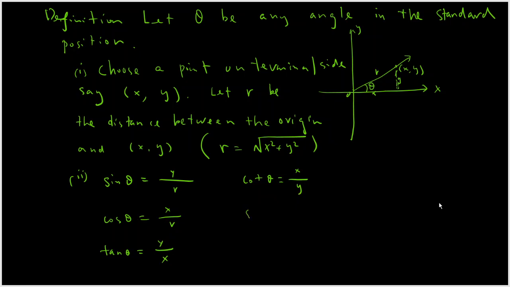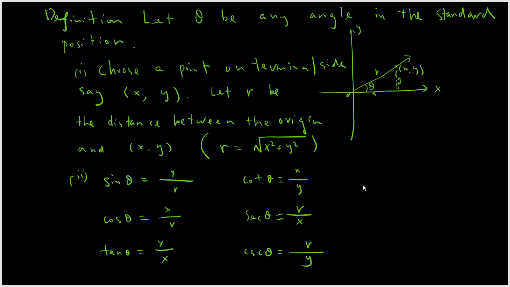Secant of theta: you look at cos, you invert the numerator and the denominator, so you have r over x. Cosecant of theta is defined as r over y, of course. The definition is simple.